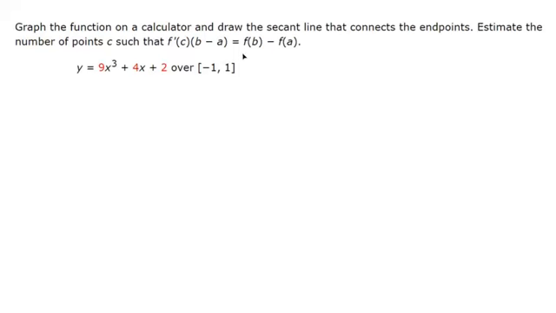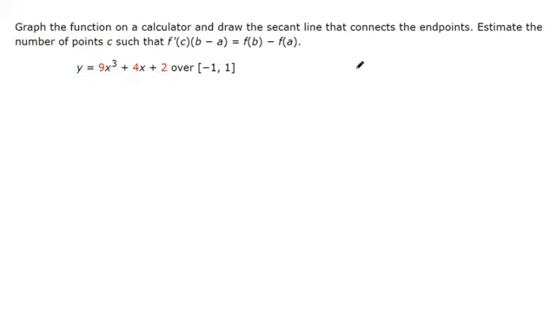It asks you to first graph the function on a calculator and draw the secant line that connects the endpoints. So you could go to Desmos, you could graph this, and if they're saying a secant line, that means they want a straight line between the point where x equals -1 and x equals 1, because this is an interval. So graph it, find where x equals -1 on your graph, find where x equals +1, and then draw a straight line between those 2 points.